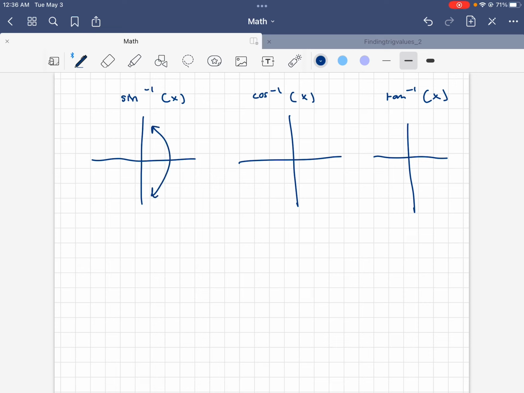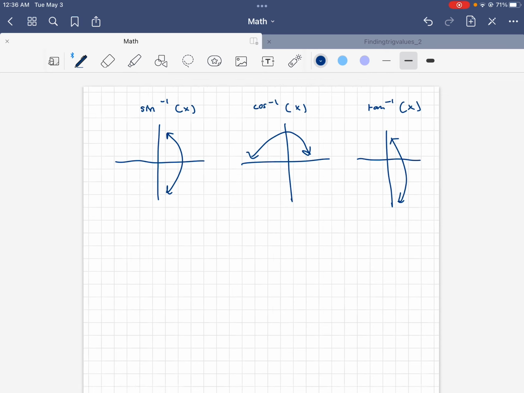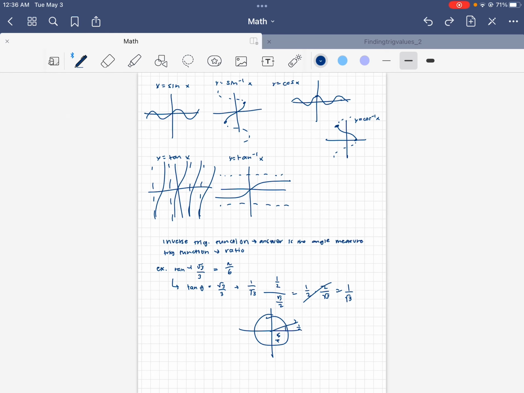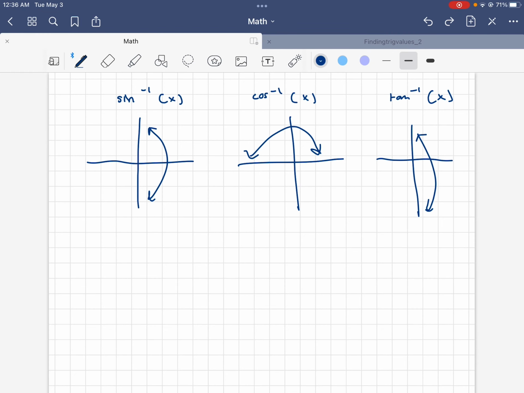So your angle can be positive up to pi over 2, or it can go negative this way. Let me finish drawing this. These are where your solutions can be. When I find the solution, I like to draw the circle to visually see that it falls within the domain and the range. So sine can go to quadrant 1 and quadrant 4.